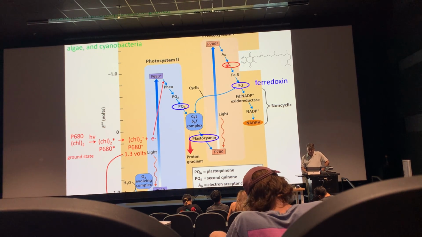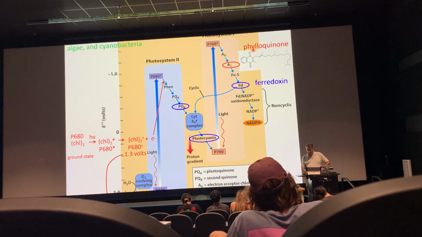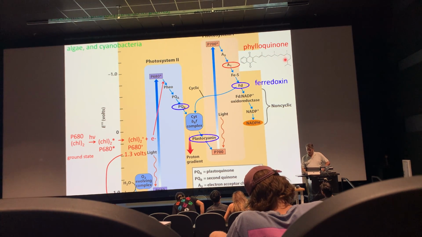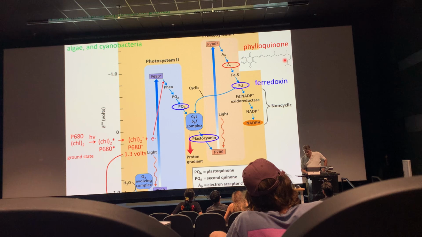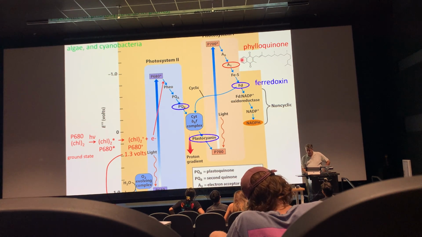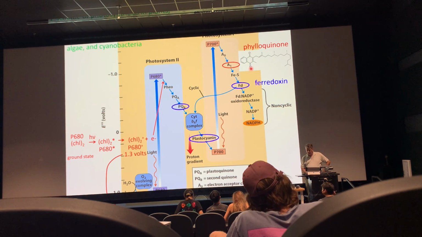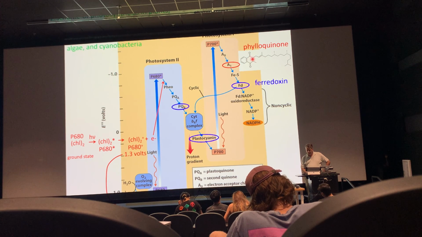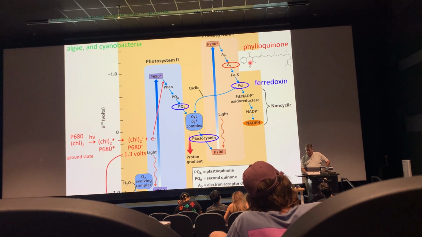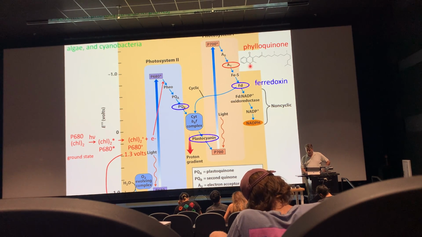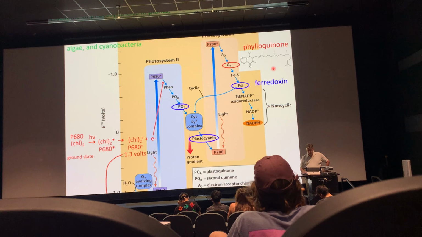A1 up here is a compound called phylloquinone. It has this structure. You're not memorizing this. The point is there's lots of conjugated double bonds on this quinone structure here, this benzene ring with a double bonded oxygen here, is held by a protein, and 1 electron can go through this thing, okay?